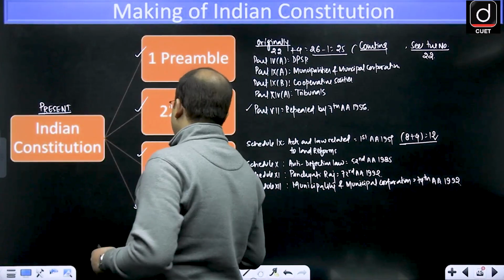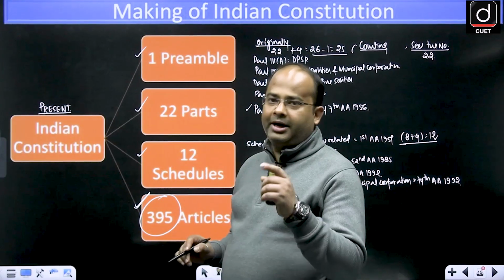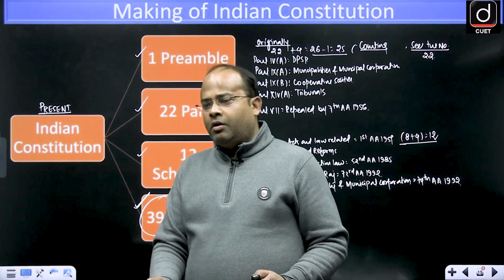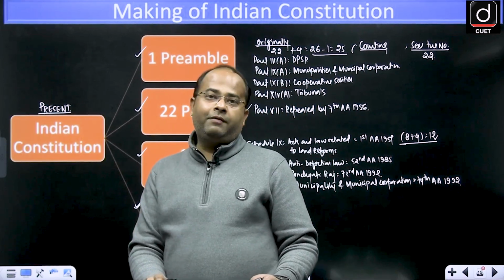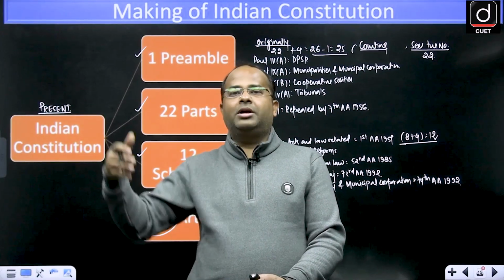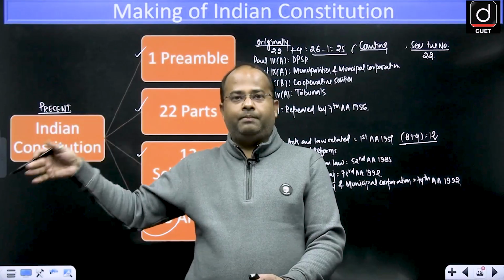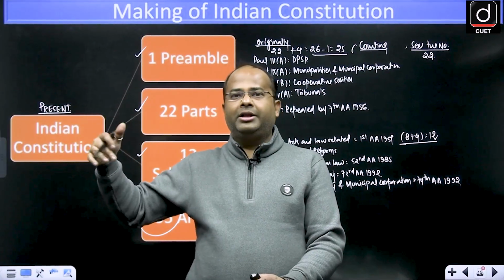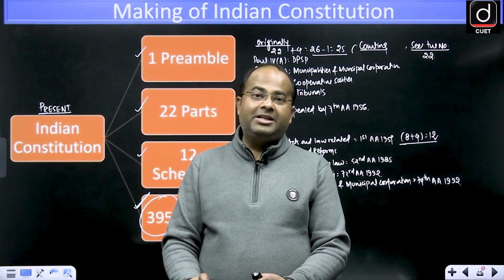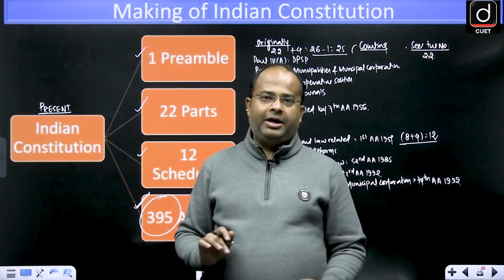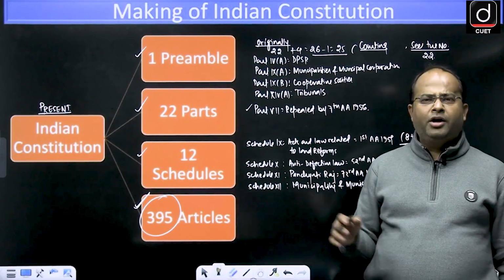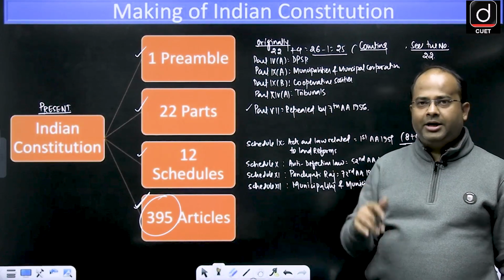This is the last article of the Indian Constitution. Like, guys, if you find article 51A, that is related to fundamental duties, and if you consider that as 52, then if you start counting, this number may increase. But if you see the last number, still it is 395. So you have to go for 395, not for 448 or 470 that is mentioned on the internet.